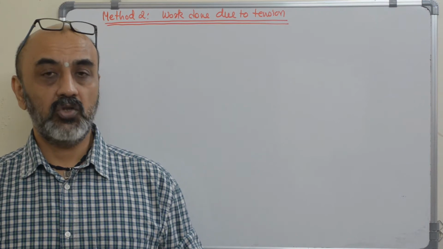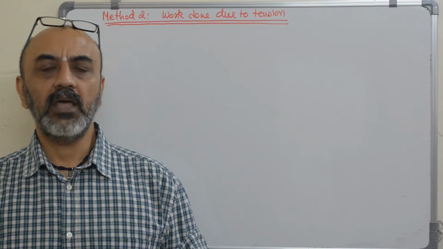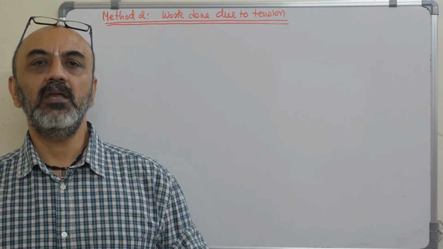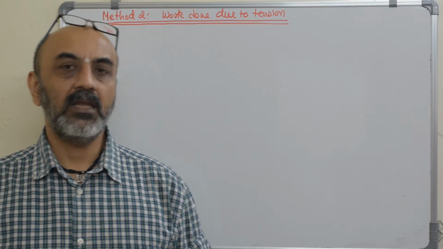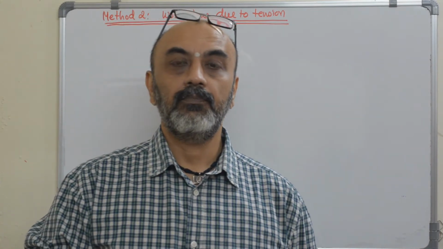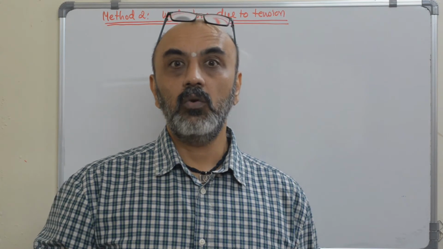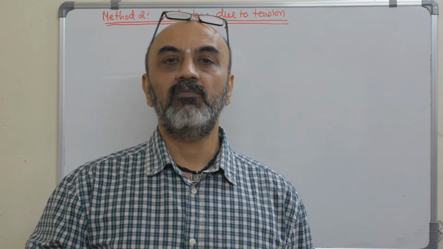Tension acting on a string is not an external force. Tension acting on a string is an internal force. And external work done due to an internal force is 0.